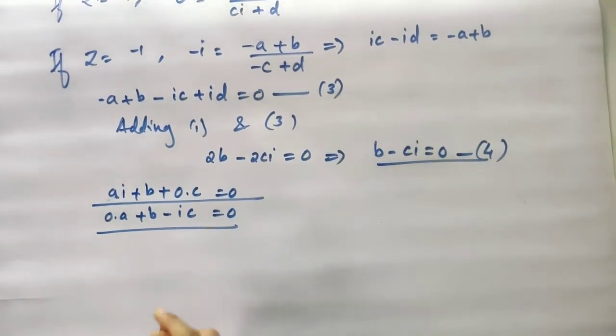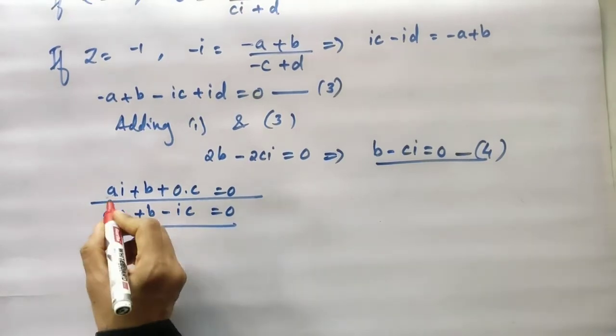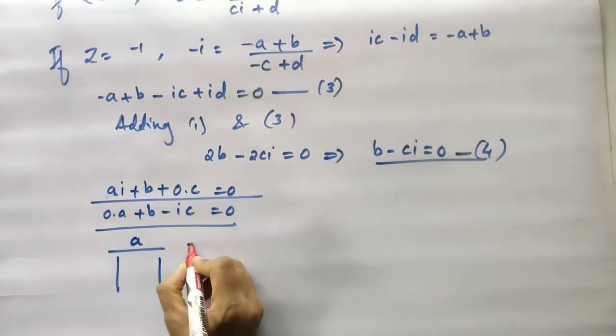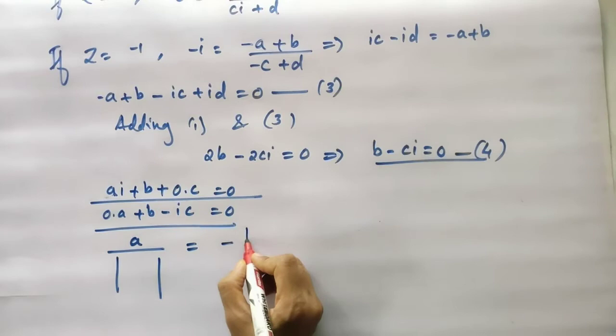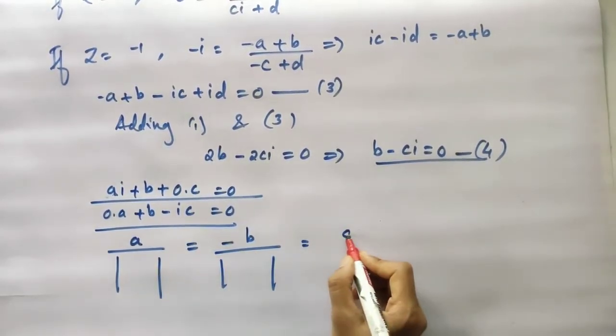So what is that cross multiplication method? We write the unknown A divided by the determinant is equal to unknown B, we write it as minus B divided by the determinant is equal to unknown C divided by the determinant.